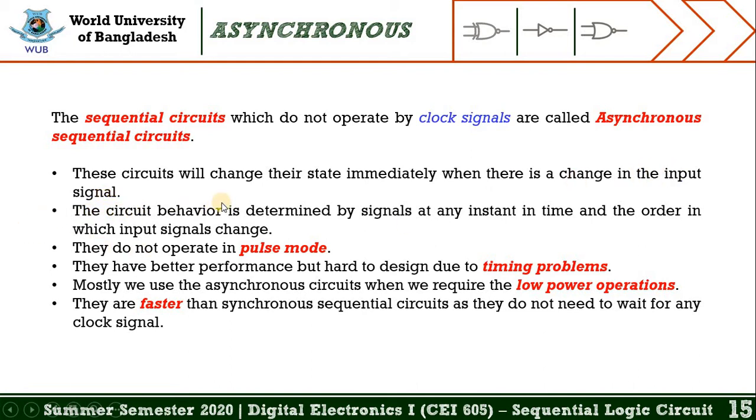Next, the circuit behavior is determined by signals at any instant in time and the order in which input signals change. Next, they do not operate in pulse mode. Next one, they have better performance but are hard to design due to timing problems. These characteristics you need to remember.